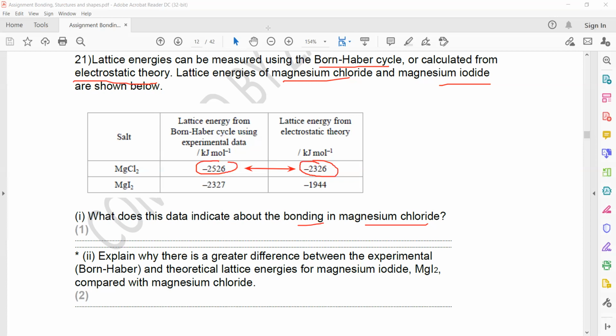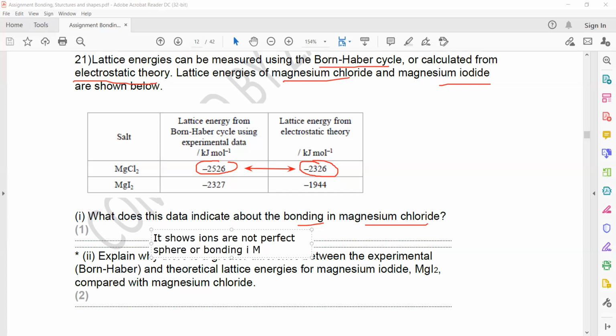So what it indicates, the difference between the theoretical and the Born-Haber experimental value, is that ions are not perfect spheres, or we can also say that bonding is not 100%.